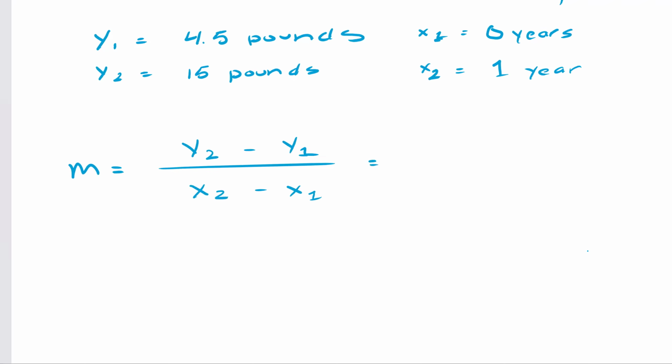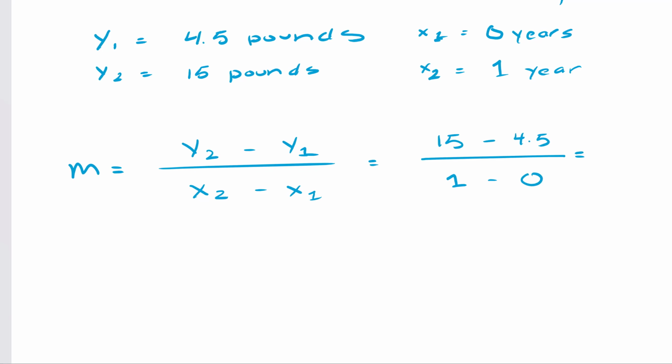The first thing I need is to plug in Y sub 2. Our Y sub 2 is 15. I subtract, and then I plug in Y sub 1. Y sub 1 is 4.5. And that gets divided by X sub 2, which is 1, minus X sub 1, which is 0.